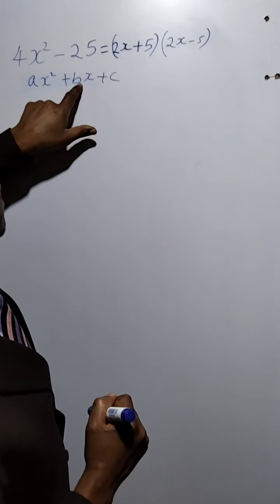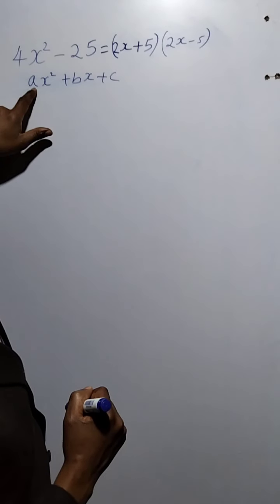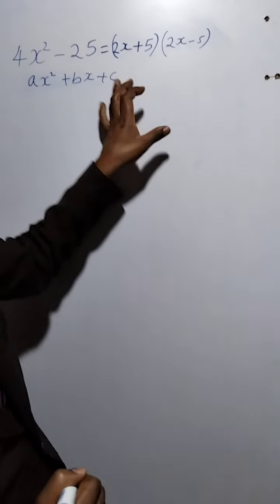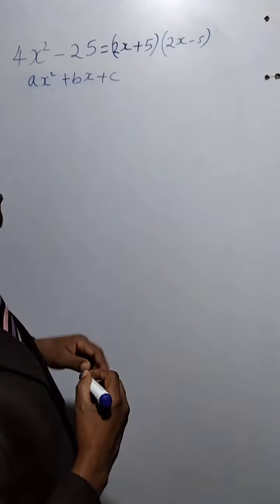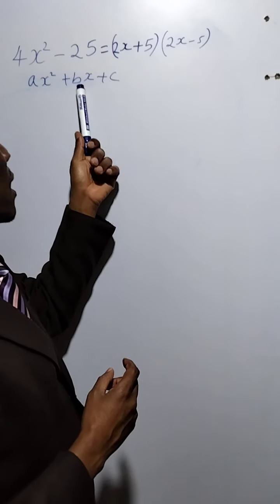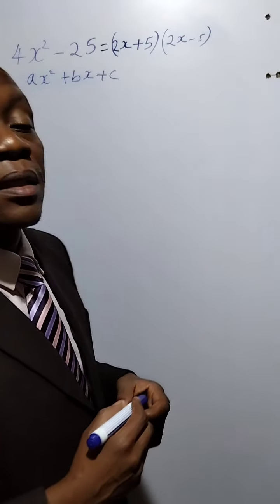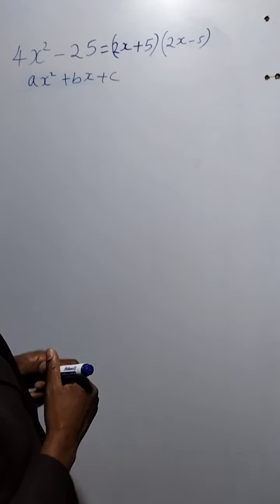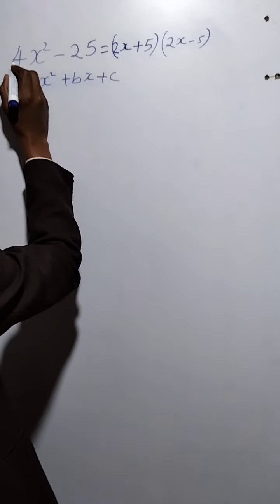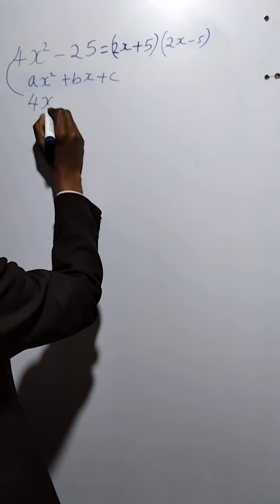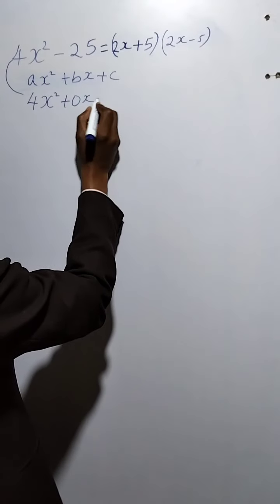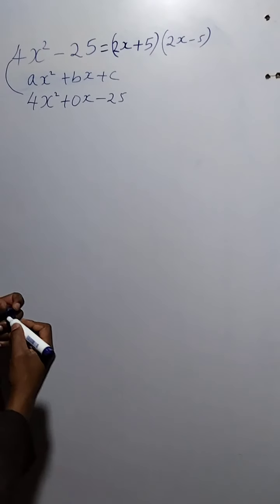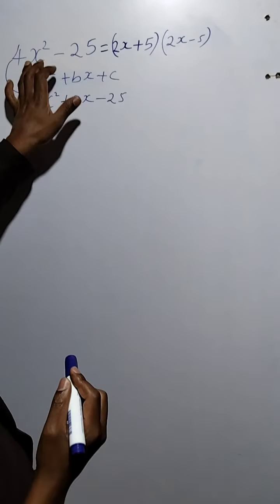If you compare this standard form with what we are solving here, the middle term, the second term, is missing. So if we write it in a way that involves the middle term, it will appear like 4x squared plus 0x, because it's absent, minus 25. So this is the full form of this one.